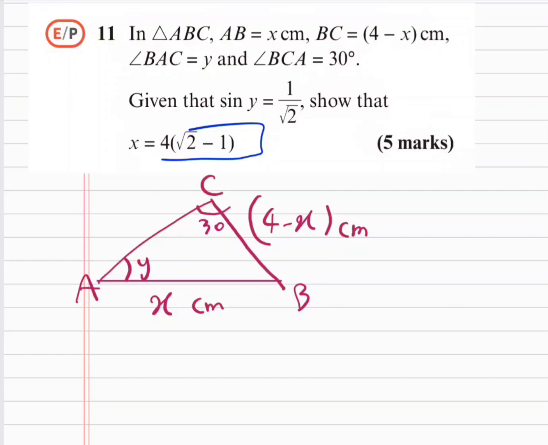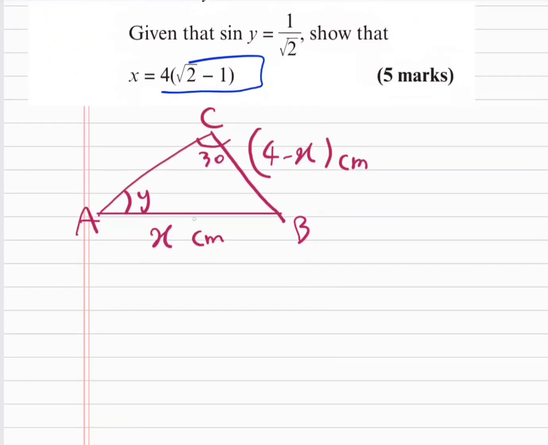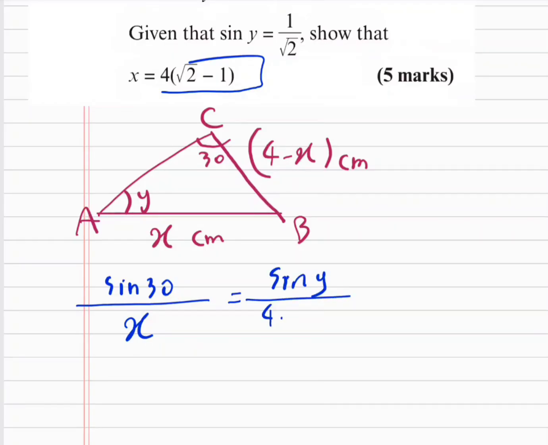To find the side length x, if you look at this carefully, we have the perfect condition for using the sine rule. For the angle 30, we have this side length which is opposite to it, and that's equal to x. And then for angle y, we have the side length 4 minus x.